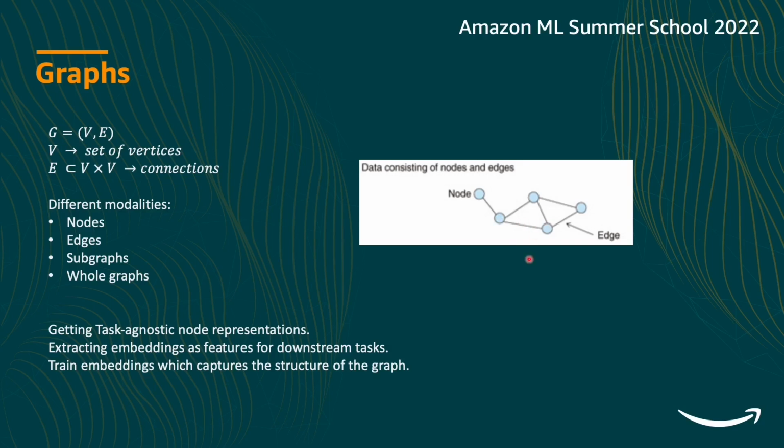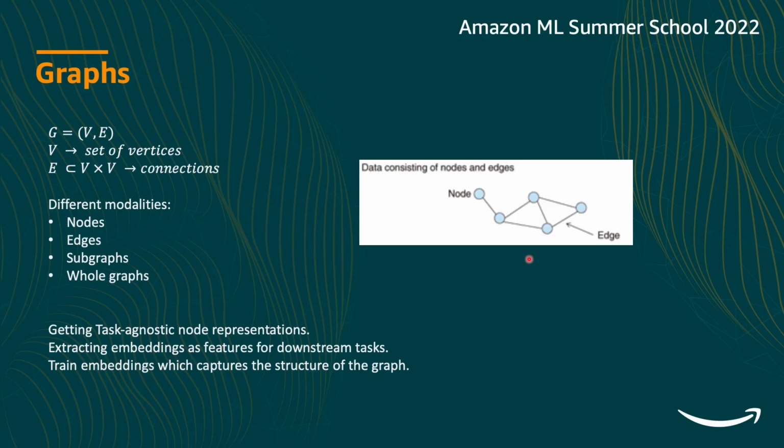And in general, there can be different types of relationships, and thus there can be different types of edges as well. So this is just a very high level definition, and like this, you can encode quite a few things using graphs. Graphs can support many different applications like classification and clustering.